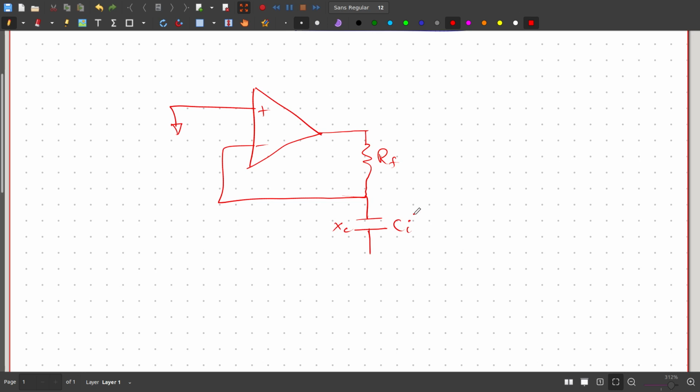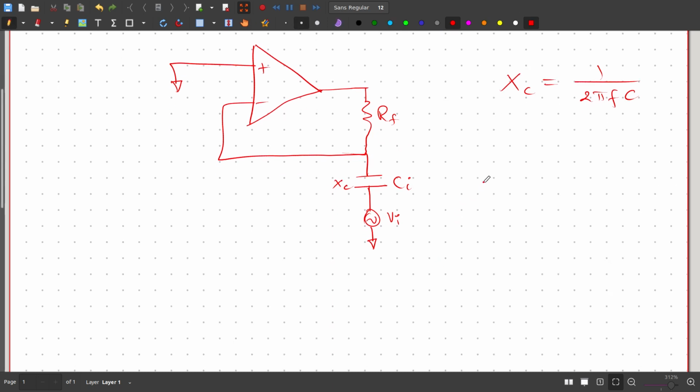Ci is the capacitance value, whereas Xc is the reactance. Xc equals 1 by 2 pi F C, where F is the input frequency of the signal. This is Vi, the input signal, and it is referenced to the ground. So this is the circuit for the differentiator.